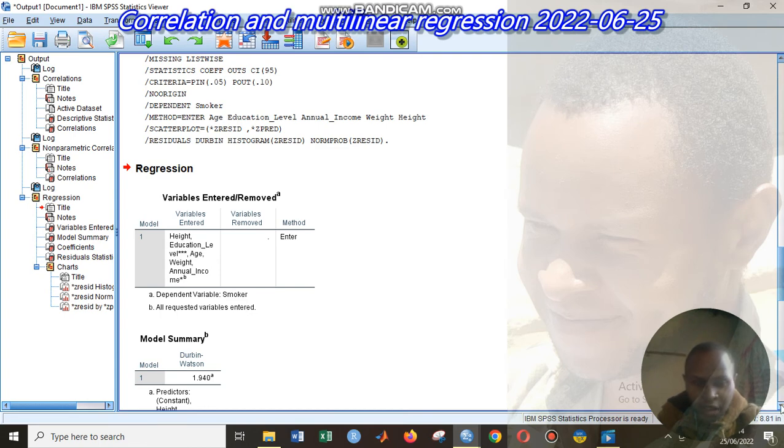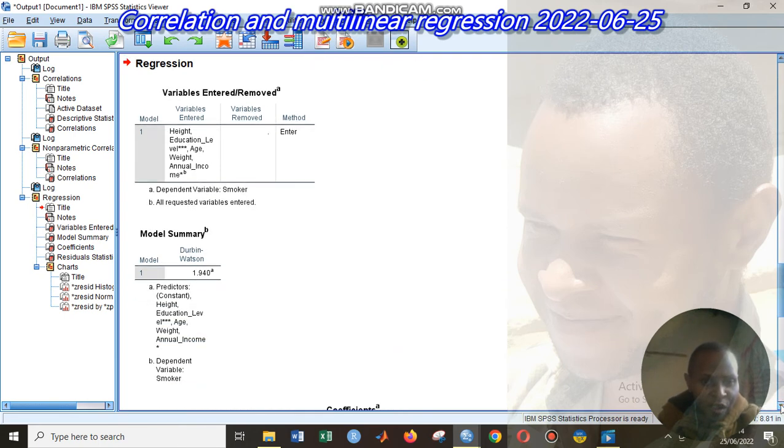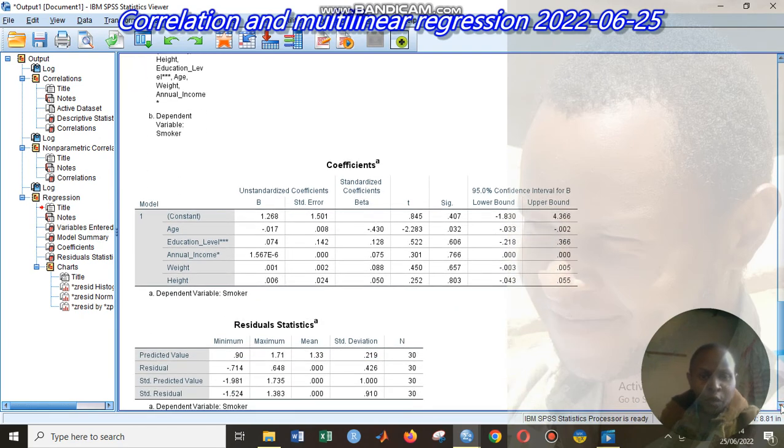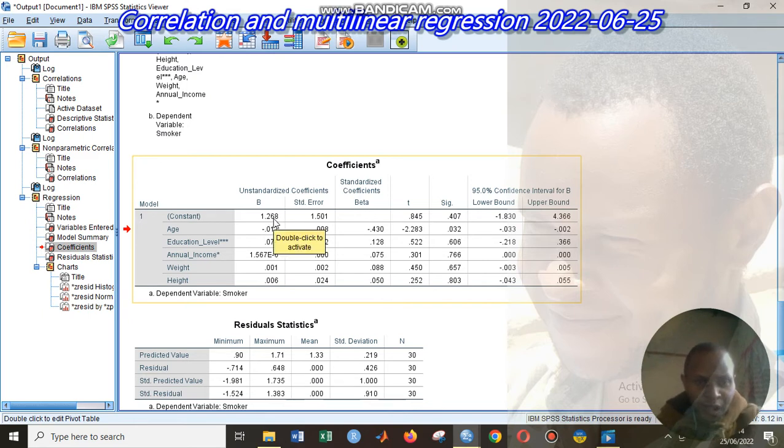We can just go down to the coefficients table here, with the unstandardized B, the coefficient, and the standard error. We can look at it there, at 95.